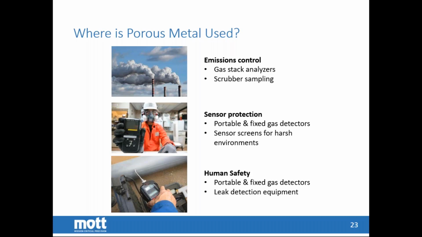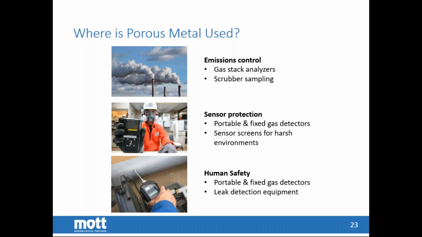And not every environment is nice and clean. You kind of think of your food and beverage line where everything's clean and the environment is open atmosphere. A lot of what makes the world tick is actually very harsh environments. So we'll talk a little bit about gas detectors. And one of the biggest things is human safety in all of this. So knowing when something bad could happen, like detecting a leak, is critically important.